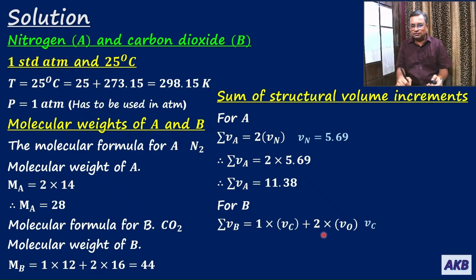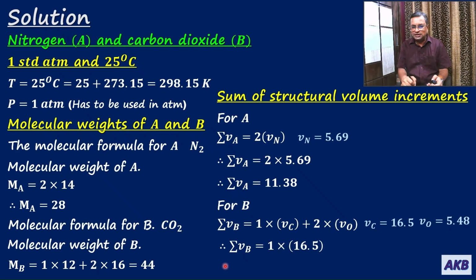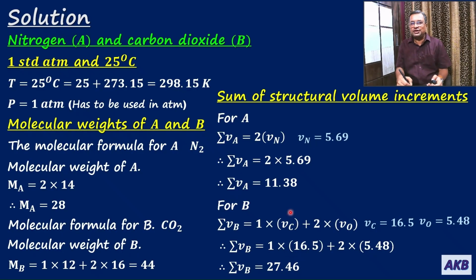There are 2 atoms of oxygen. So if you use the given values, atomic volume of carbon is 16.5, atomic volume of oxygen it is 5.48. Therefore, summation of Vb will be equal to 1 into 16.5 plus 2 into 5.48. That is, summation Vb comes out to be 27.46. Let us move ahead.